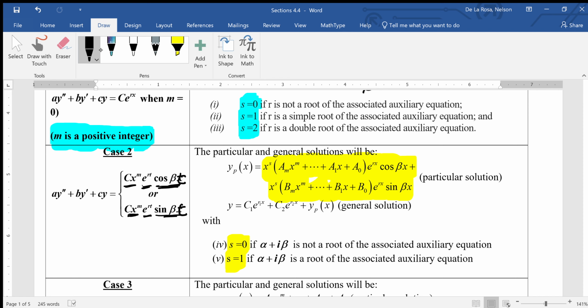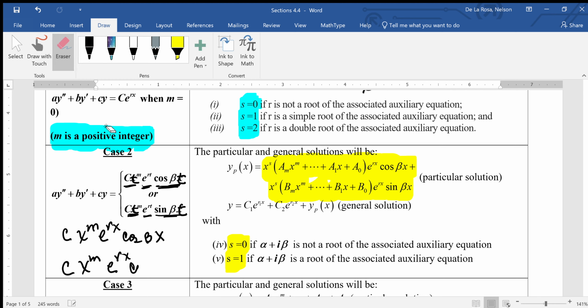So it could be like this, also t, or it could be like this, x^m e^(rx) cosine of beta x, or c x^m e^(rx) sine of beta x.